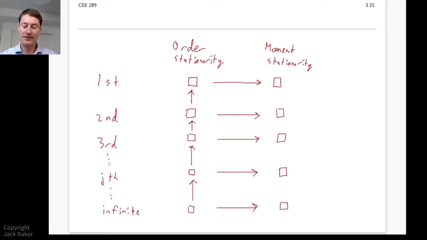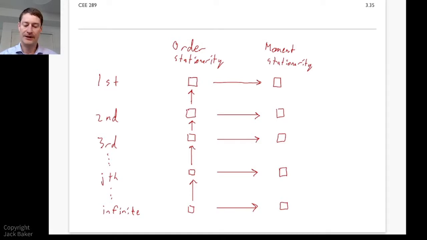We can't draw the same arrows on the right-hand side. The higher moment stationarity doesn't necessarily imply lower moment stationarity. It's commonly the case, but it's not mathematically guaranteed. So the strongest condition I can get to is infinite order stationarity, and that'll imply all lower orders are stationary, and it'll imply that all moments are stationary, because all of the rows to the right will be implied by all of the rows to the left.